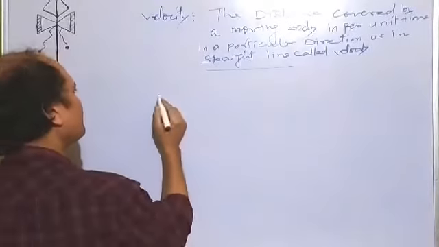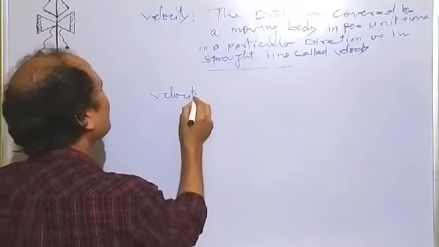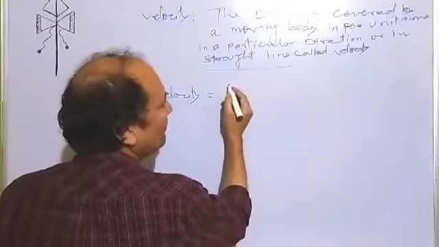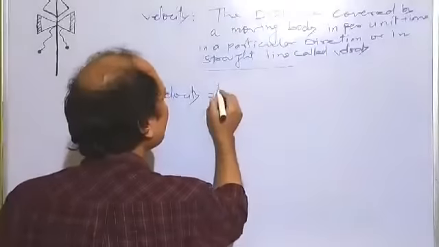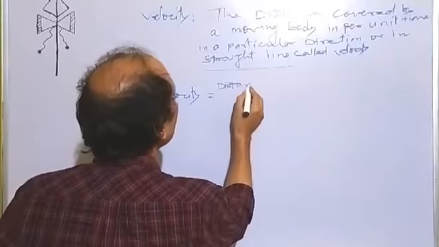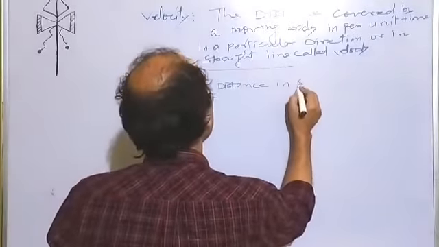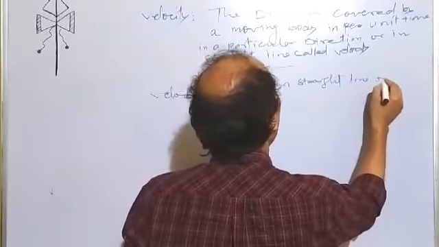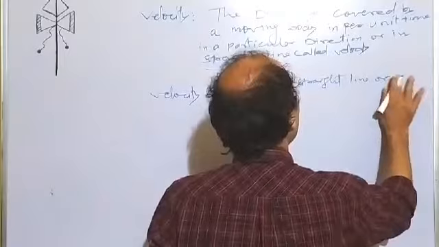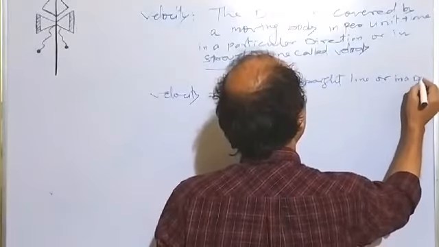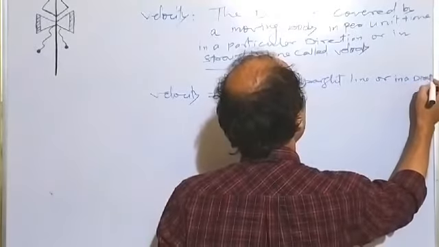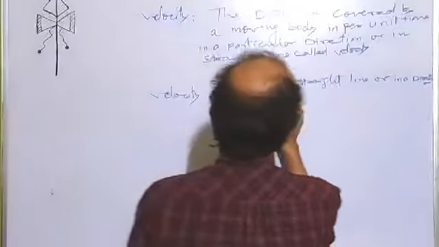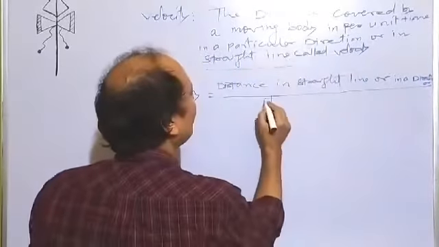So see this: velocity is equal to distance covered by a moving body in a straight line, or in a direction, upon time taken.